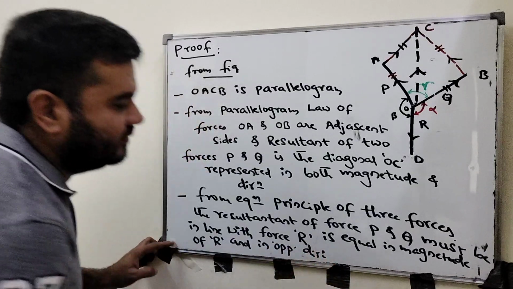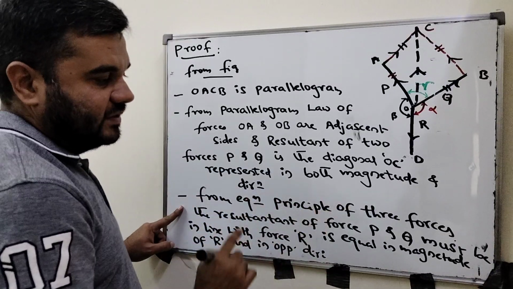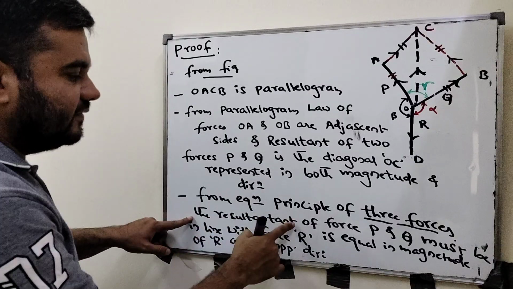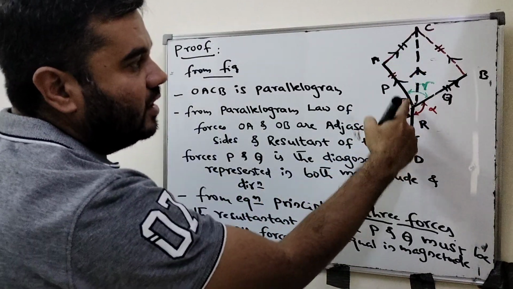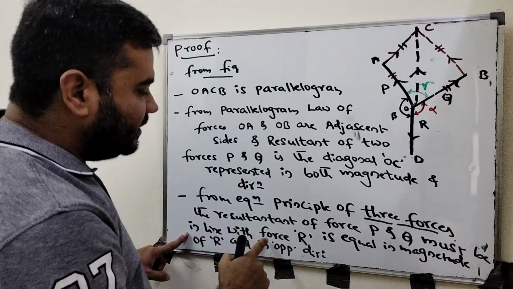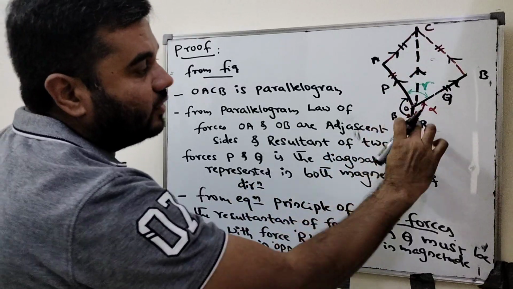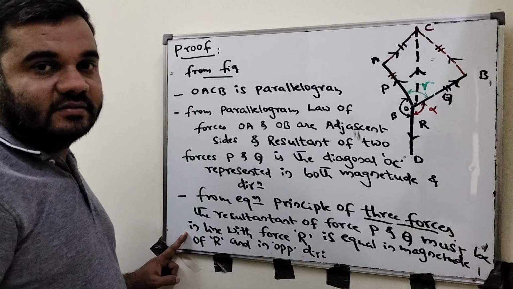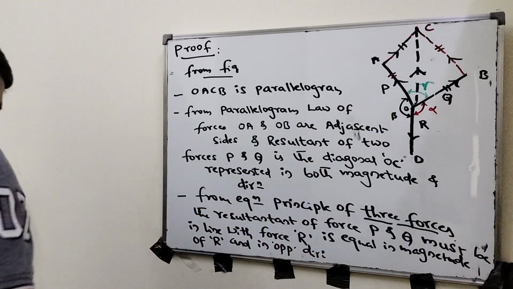Did you get the point here? These are the three forces. The resultant of force P and Q is which one? OC. That is, OC must be in line with the third force, equal in magnitude, and in opposite direction. So as per the figure, this is satisfied here.